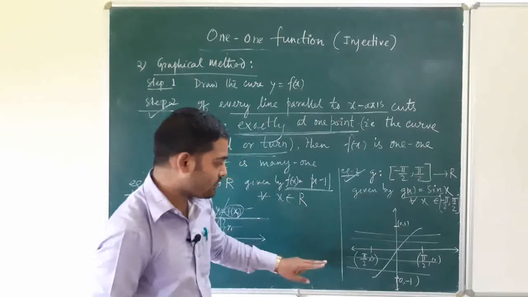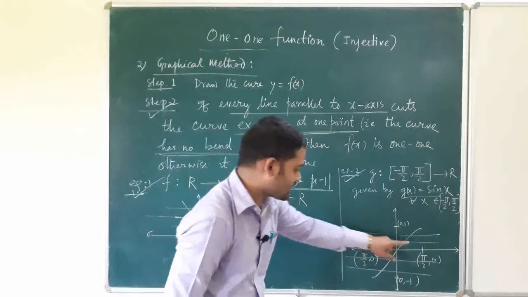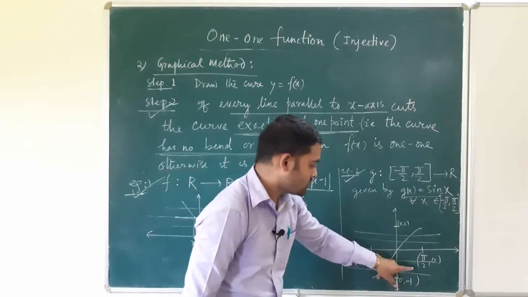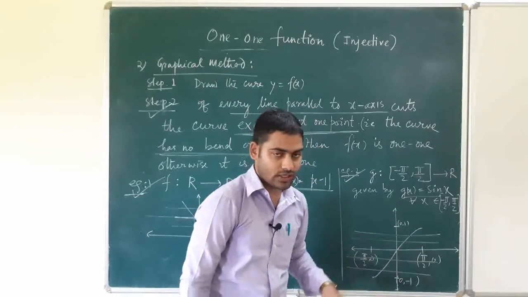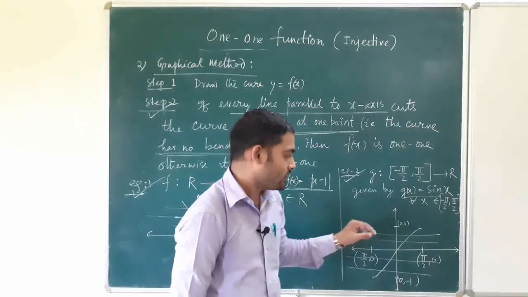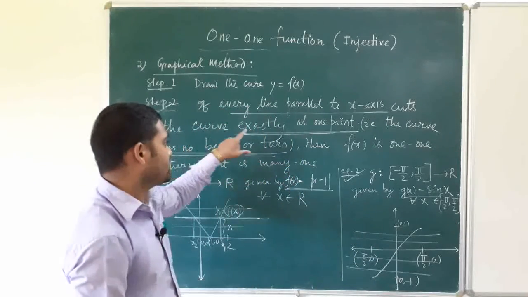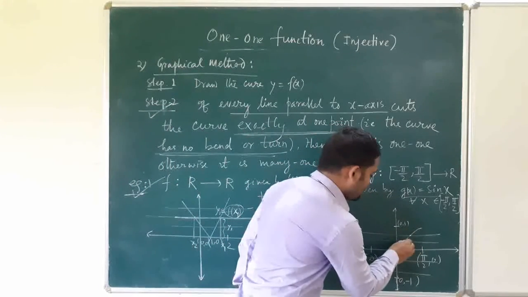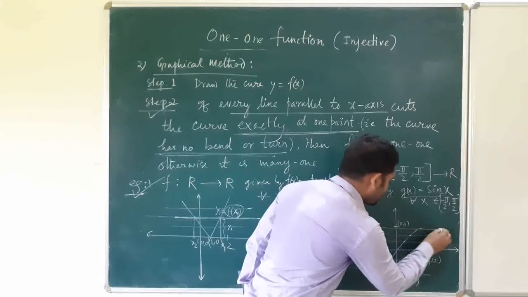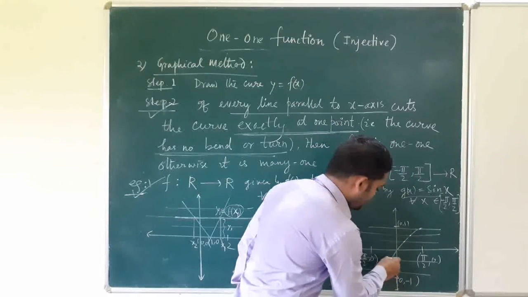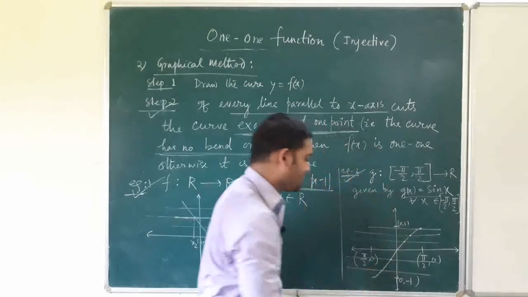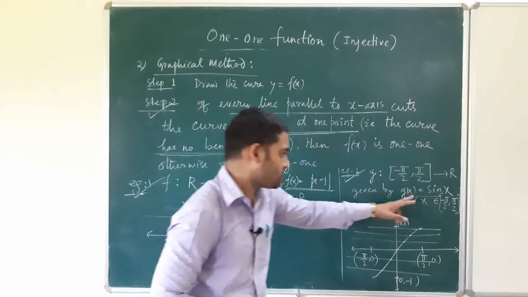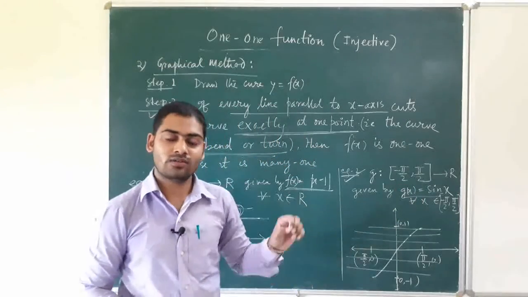See, every line parallel to the x-axis, this line, this line, this line, every parallel line cuts the curve exactly at 1 point. See, this parallel line cuts exactly at 1 point, this exactly at 1 point, exactly 1 point each. So this curve means this function is a 1-1 function.